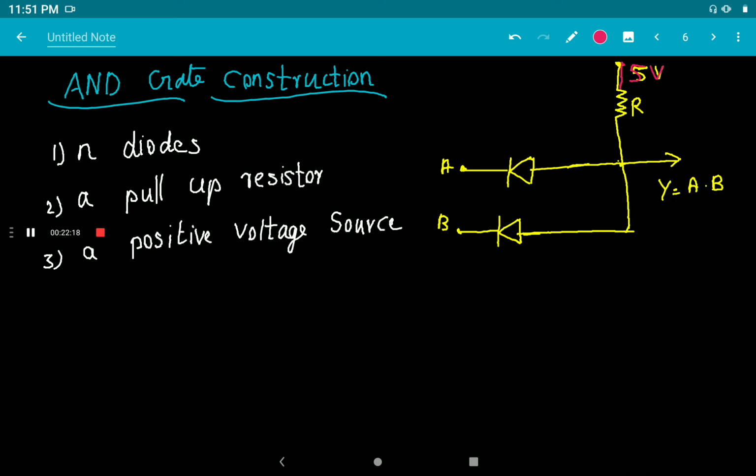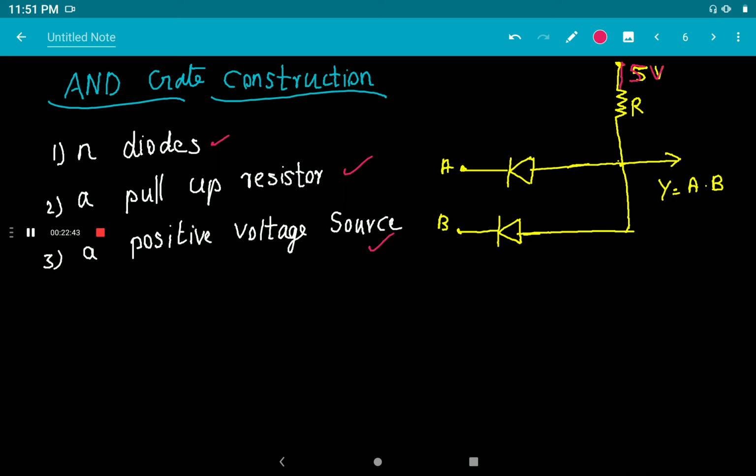So to construct an AND gate, here also if we need n logic inputs, then the circuit should consist of n diodes. If we construct a circuit with 2 inputs, we need 2 diodes. Another requirement is a pull-up resistor and a positive voltage source of 5 volts.